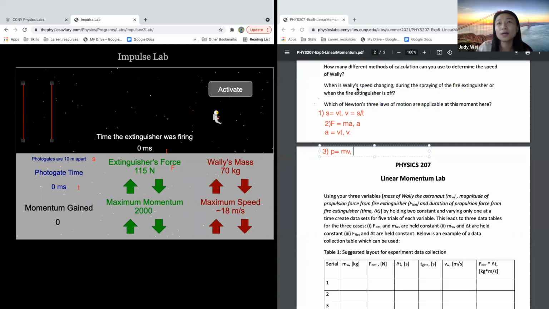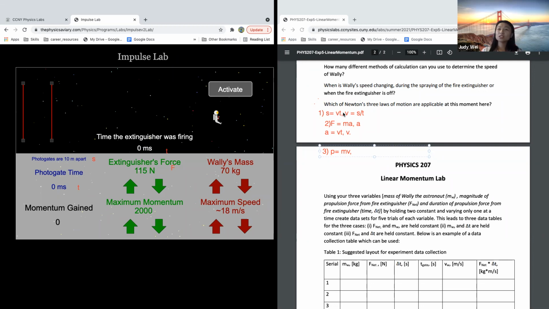Okay, so when is Wally's speed changing: during the spray of the fire extinguisher, or when the fire extinguisher is off? Obviously, when Wally changes his speed, the fire extinguisher is on. That's why he can have acceleration to increase his speed, right?